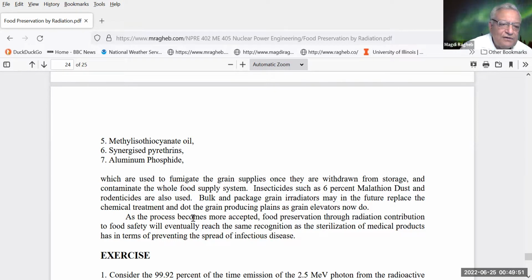As the process becomes more accepted, especially in the medical field, food preservation through radiation's contribution to food safety will eventually reach the same recognition as the sterilization of medical products in terms of preventing the spread of infectious disease. And we are already suffering from infectious disease, the COVID-19, and we should not ignore our food supply.